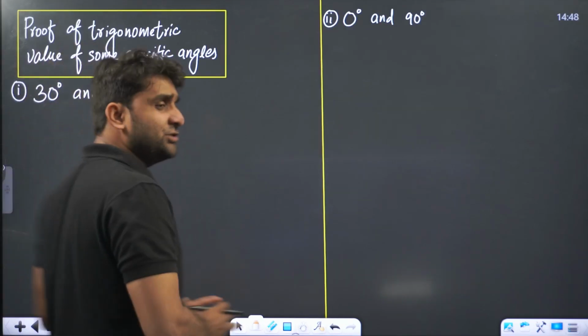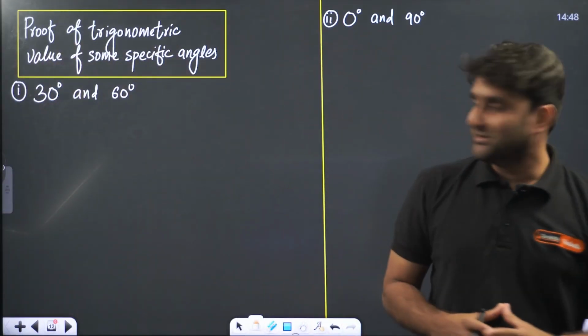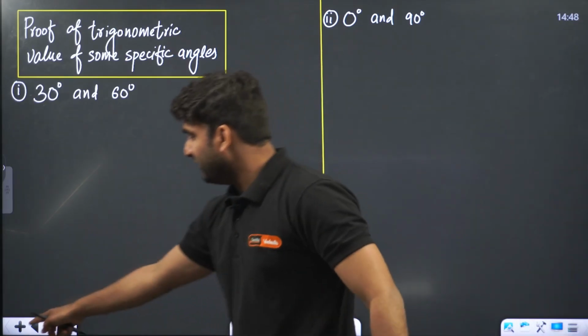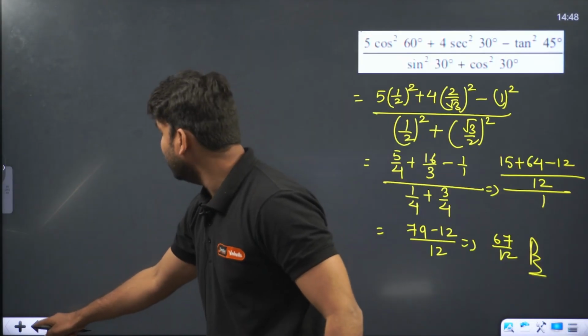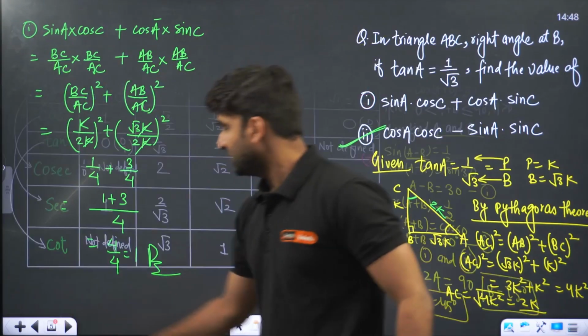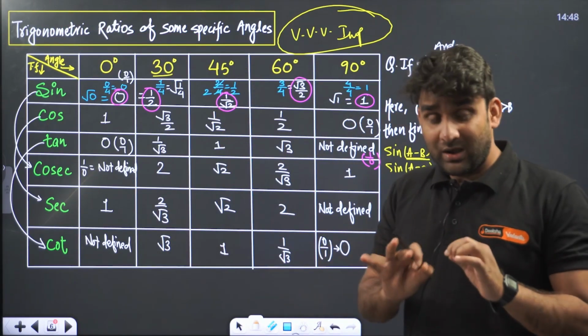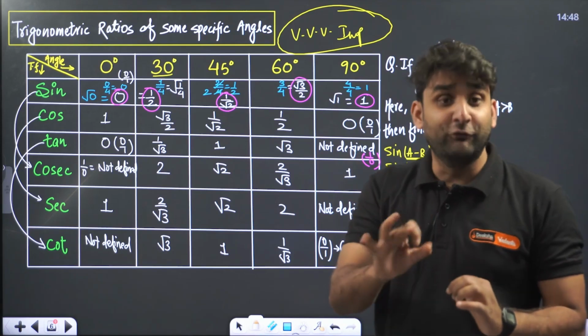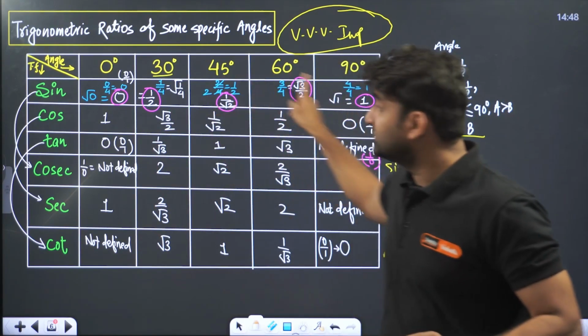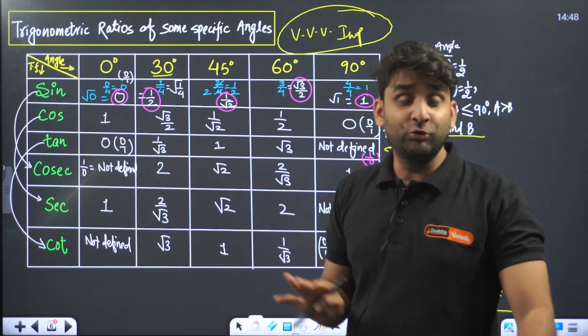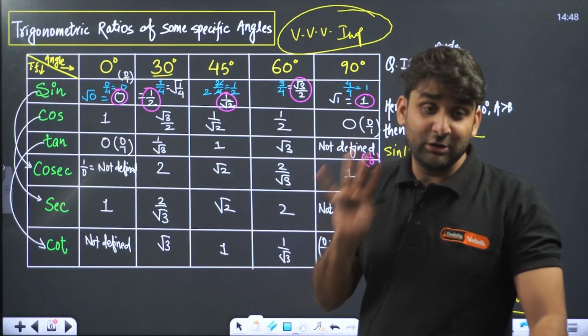Okay. So my dear champion, the very important thing I'm going to teach you here. By the way, we have filled here all the trigonometric values in this table. Now you must be aware of these trigonometric values. Now I'm going to give you the proof of how these values come up. I'm going to give you the geometrical proof, everyone.